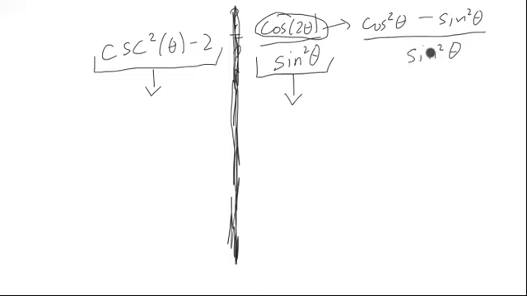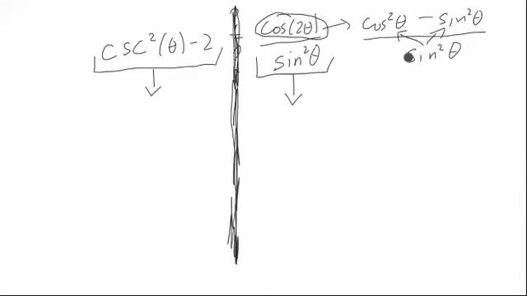Sine squared is in the denominator. So this is just like taking this numerator and multiplying it by 1 over sine squared. But that multiplication distributes across. So it can distribute to there and there. It's the same thing as saying the division splits across the subtraction. You could think of it both ways.